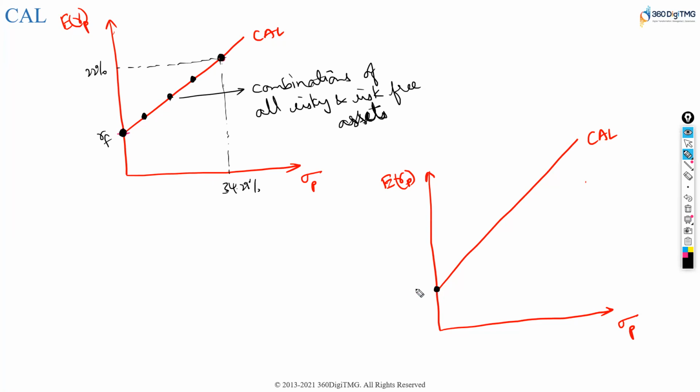If you are here, it is completely risk-free. And if you're here, it is completely risky. Okay, now from here until here, 100% risky. This zone is called the lending zone. And from here until here, it is called the borrowing zone.